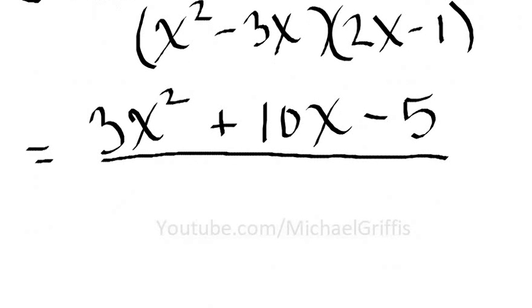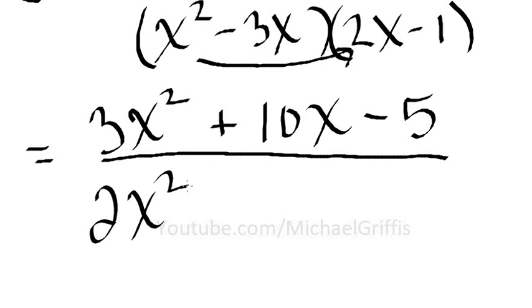We're almost getting there. Let's go ahead and multiply this out. So we have x squared times 2x is 2x squared. Something's fishy here. No, that's not 2x squared. That is 2x to the third.